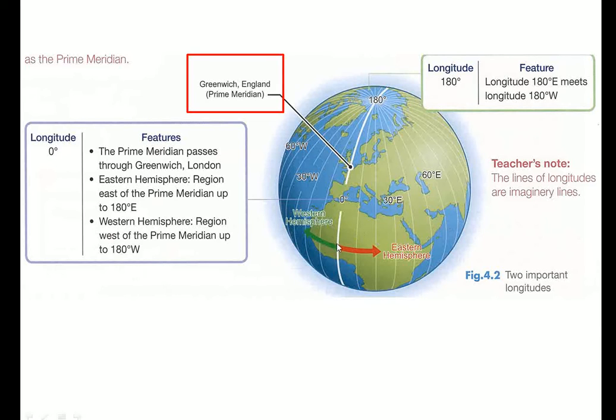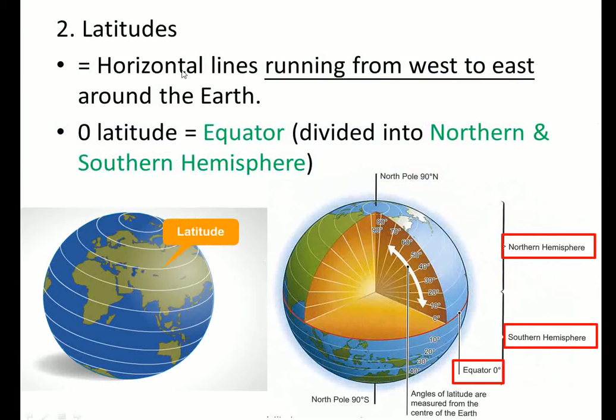And also from the prime meridian, we go to the west, we also have 180 degrees to the west. So totally, how many degrees do we have for the Earth? 180 to the east and 180 to the west. How many? The answer should be 360 degrees. Do you understand? So let's go on to another one.